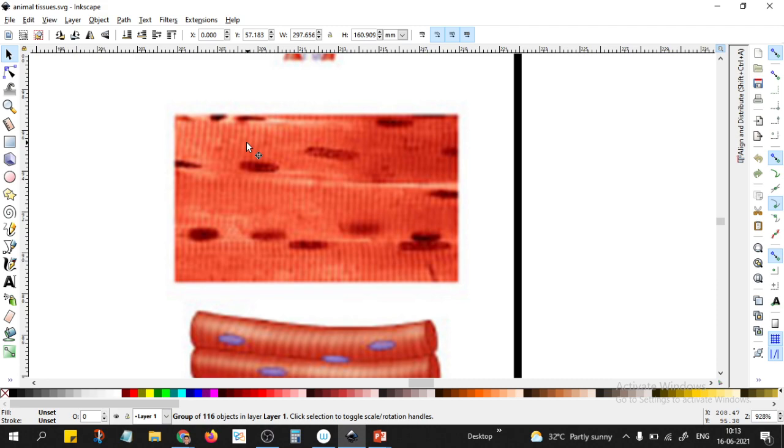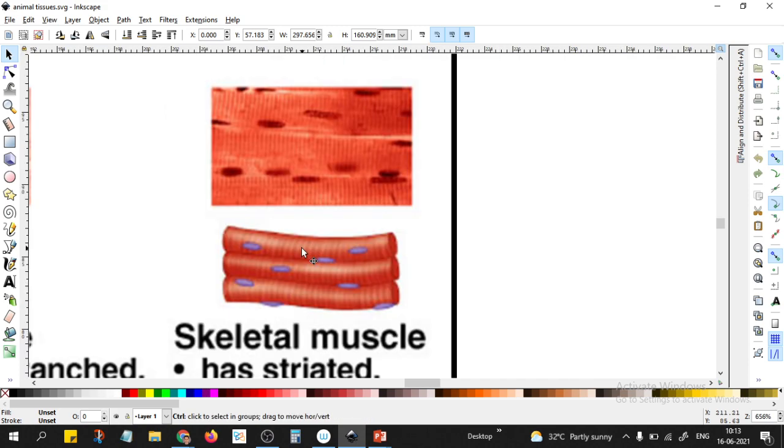Okay, that kind of bands are there. These dark structures are the nucleus. So these cells are nucleated, they are striated. Okay, these fibers are bundled together like this. So these are the skeletal muscles.